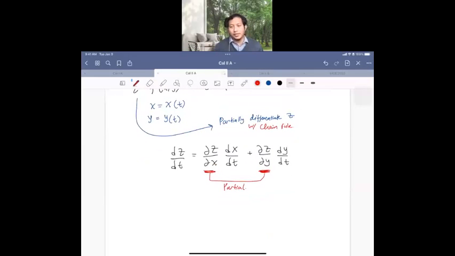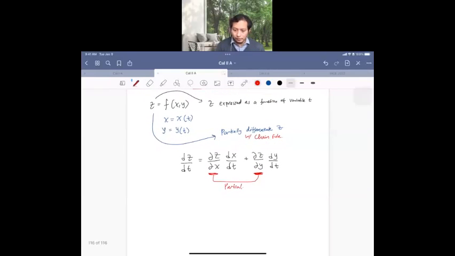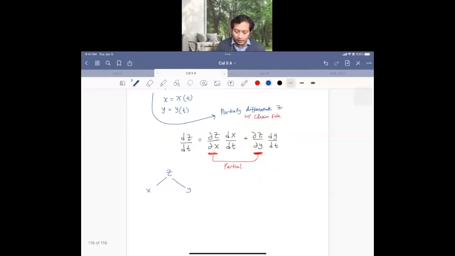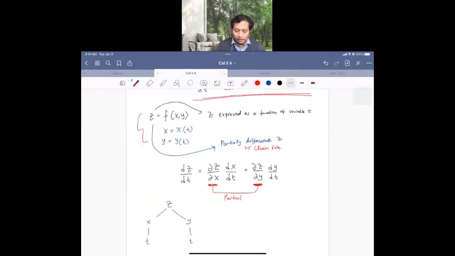Now the idea behind the chain rule: we can set up a tree diagram. We can map the chain rule. Start from z, and we know z is a function of x and also y, a function of two variables. And we know that x is a function of t, y also a function of t, from our definitions at the beginning here.